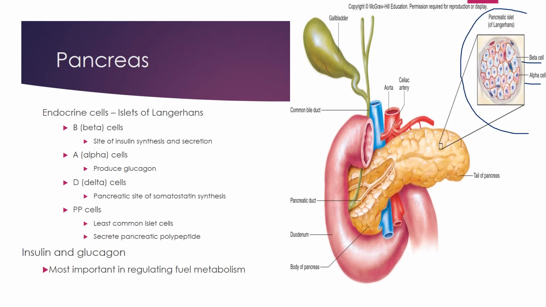Also, there are PP cells, which are the least common, and they secrete pancreatic polypeptides that aid in the digestion of fats as well as carbohydrates. The two main hormones that we'll focus our attention on are insulin and glucagon.